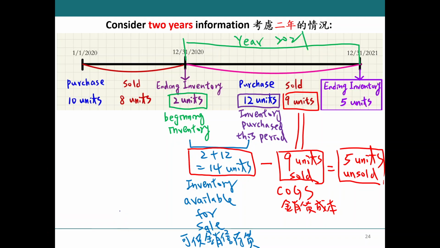But this inventory is on last day, so we call it ending inventory, 期末存货.